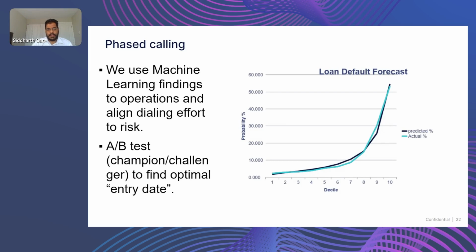Phased calling is where, after we find out the loan decile, we can see which loans we should follow first, rather than the loans which are not defaulting. We can drop them off and not use our outbound call center to follow those loans.